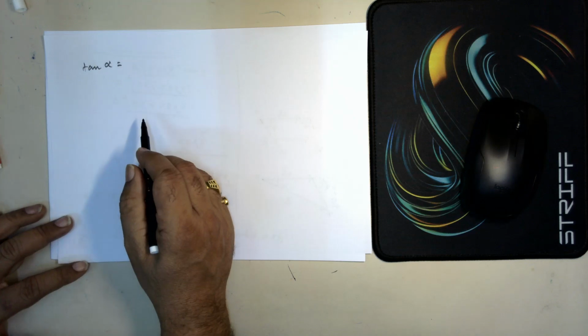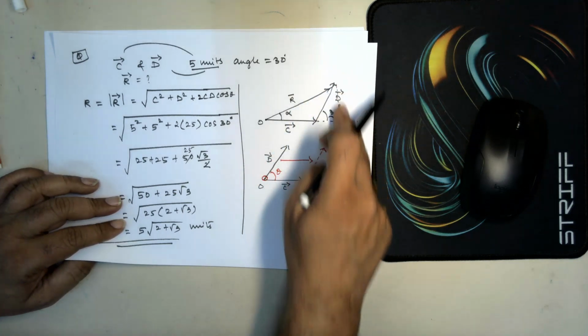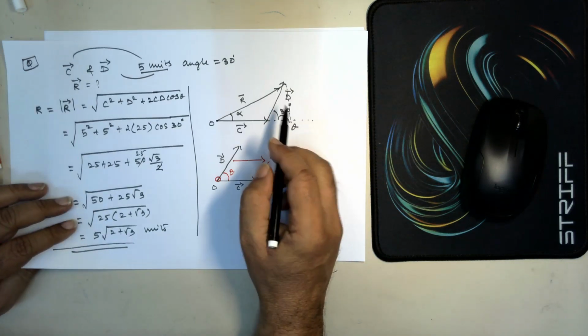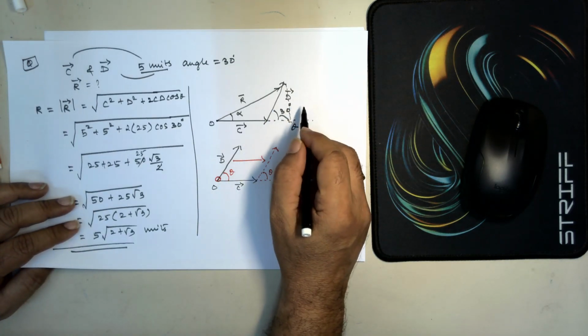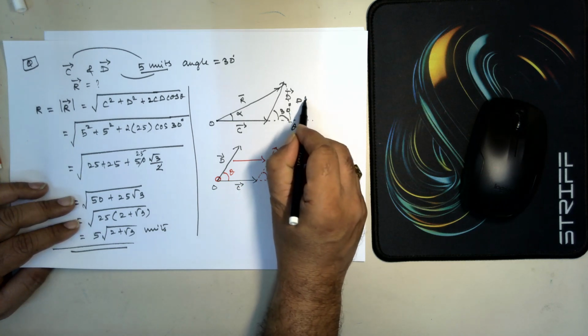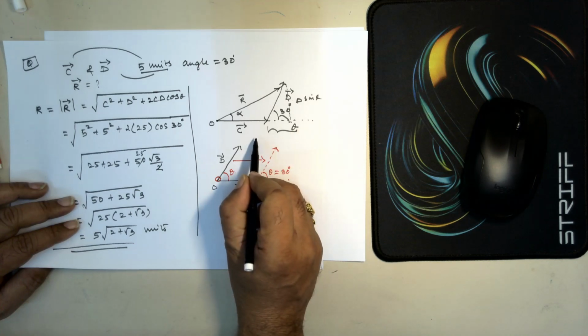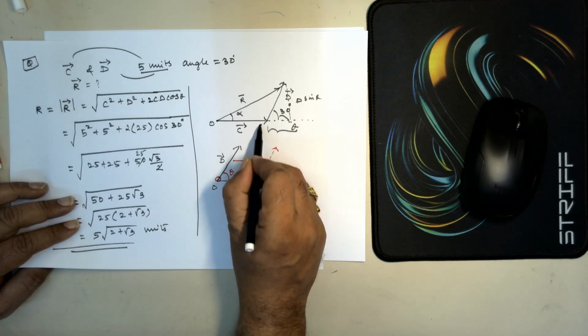And in that case, tan alpha is nothing but, what is this opposite, which is nothing but D sine theta. As per the parallelogram of vectors, we already worked out. Remember? So what is this? D sine theta. What about this component? Let me put A here.